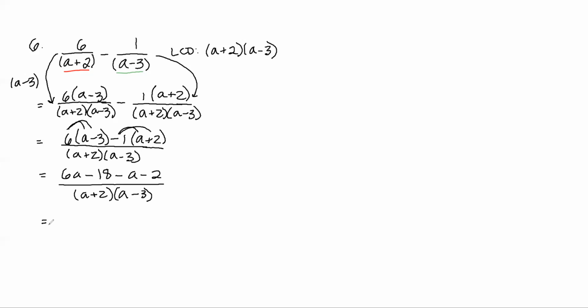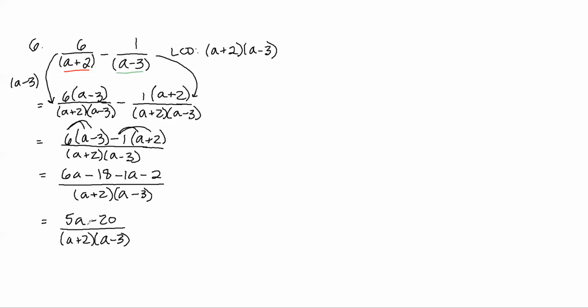Now let's simplify the top a little bit. So 6a minus 1a is 5a. Negative 18 minus 2 is negative 20 over our same denominator. Remember, keeping that one factored.